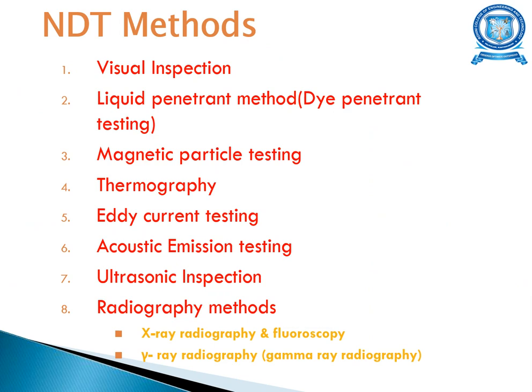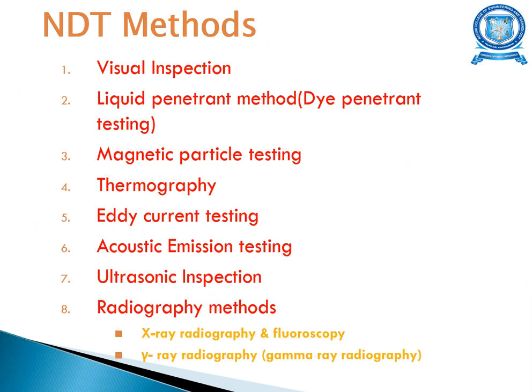So the first one is visual inspection, and the second one is the liquid penetrant method or dye penetrant testing, and the third one is magnetic particle testing, and fourth is thermography testing, fifth is eddy current testing, sixth is acoustic emission testing, seventh is ultrasonic inspection, and eighth is the radiography methods.